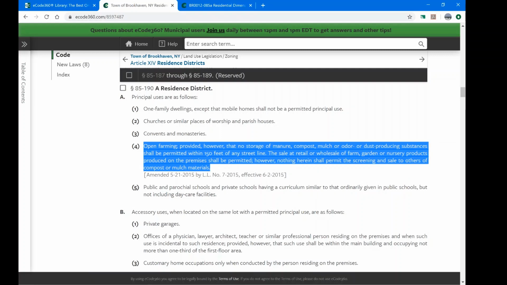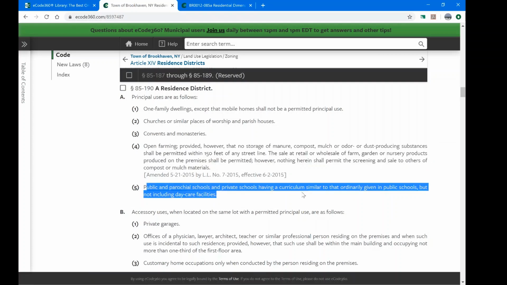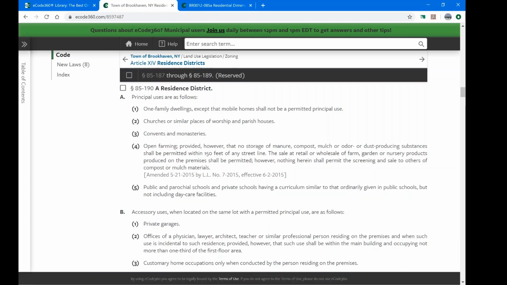And you also are allowed to have public schools, parochial schools, and private schools that have a curriculum similar to a public school, but not a daycare facility. So this is what we consider to be as of right. These 5 things are as of rights in an A district.